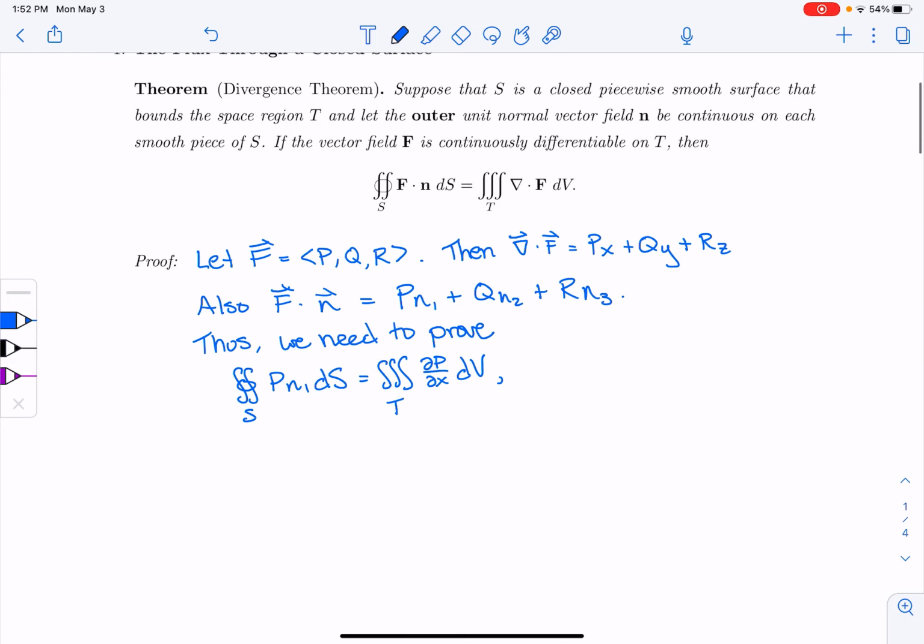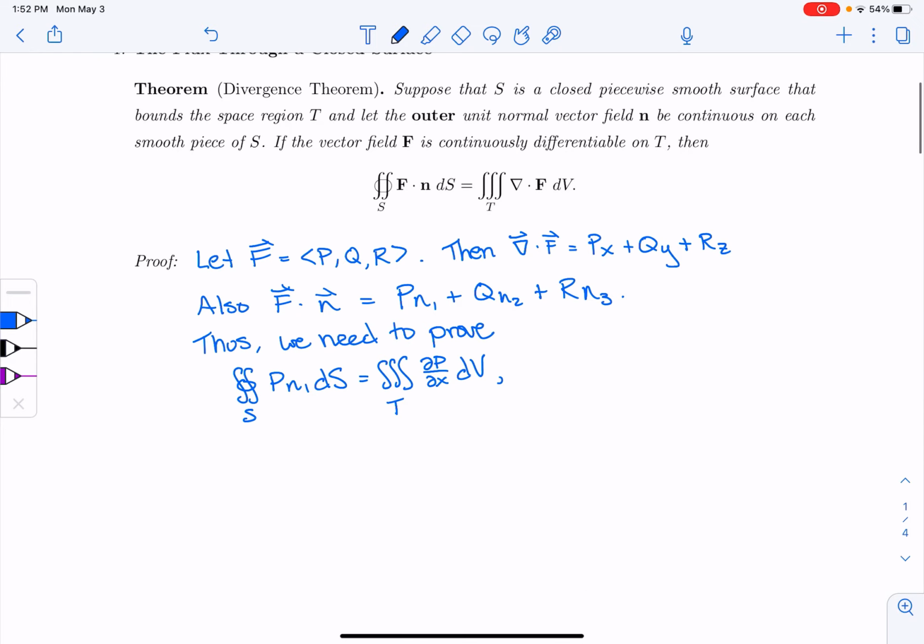And then finally, we would want to look at the surface integral of R times n3 and show that that is equal to the triple integral over our region T of dR dz dV. If we can prove those three things, then in fact we can prove the divergence theorem.